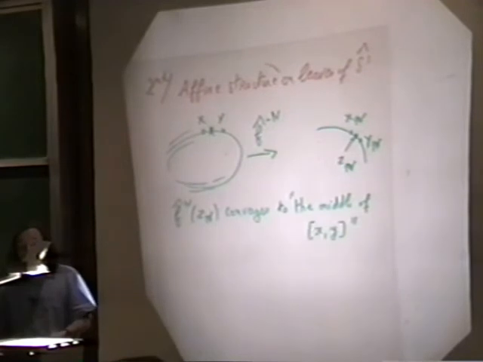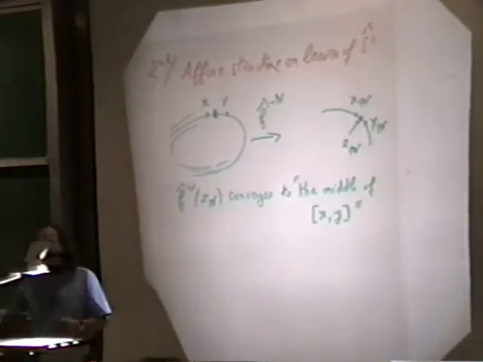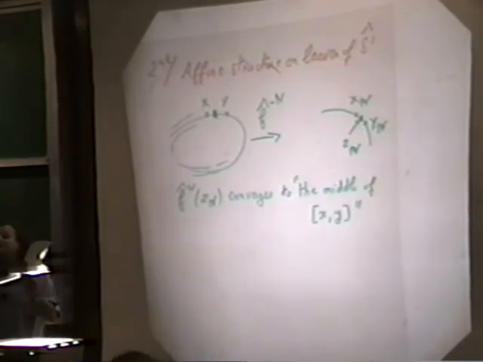However, this point depends strongly on the choice of the metric. So you do this with very, very big n, look at the limit of these points in this interval xy, show that this is converging, and show that the limit does not depend on anything.